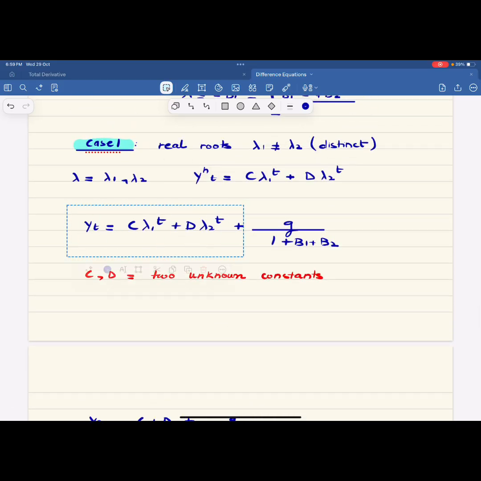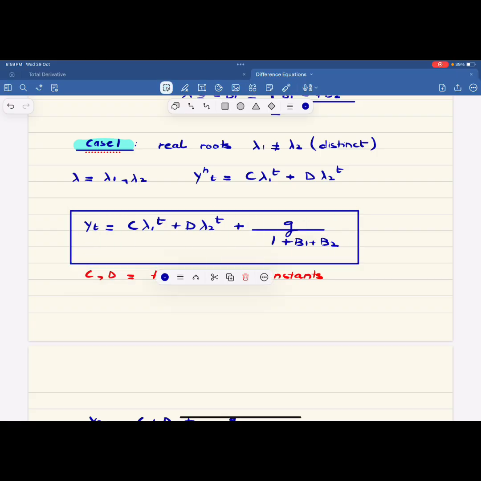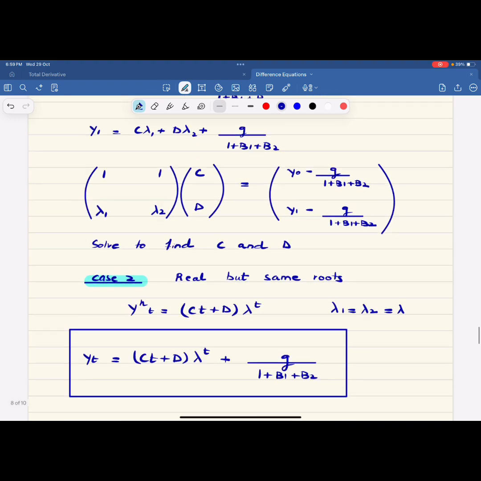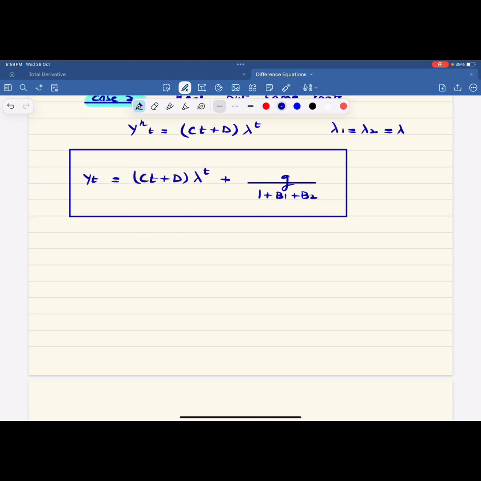This also had two unknown constants, and we solved it by putting in two conditions, because we needed two equations. Similarly, for this you will solve for t equals 0 and t equals 1.